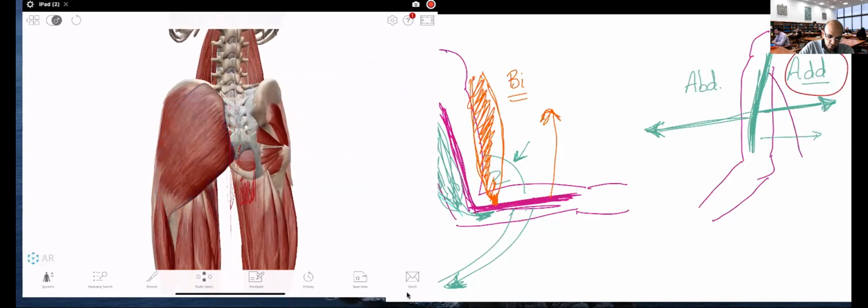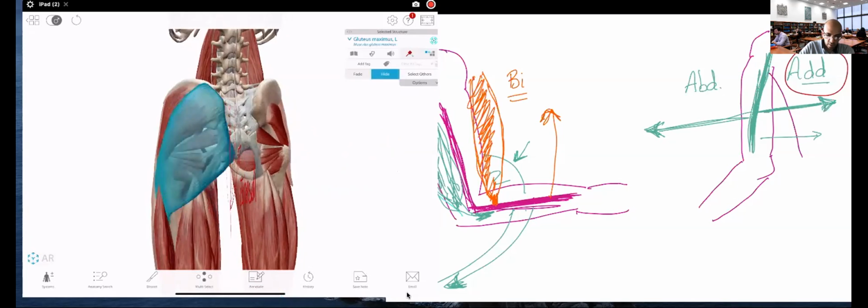If I remove the gluteus maximus here, I will see another muscle located in the gluteal region.